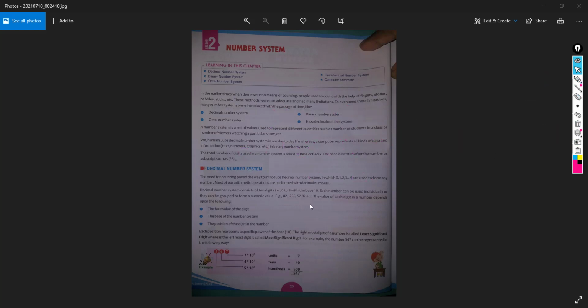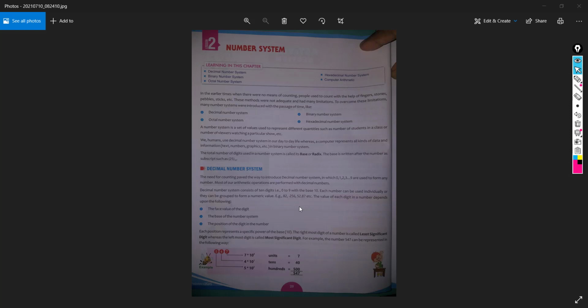Okay, students. The first type of number system which we are going to discuss is the decimal number system. As we said, the base of the decimal number system is 10 because it has 10 digits starting from 0 till 9.